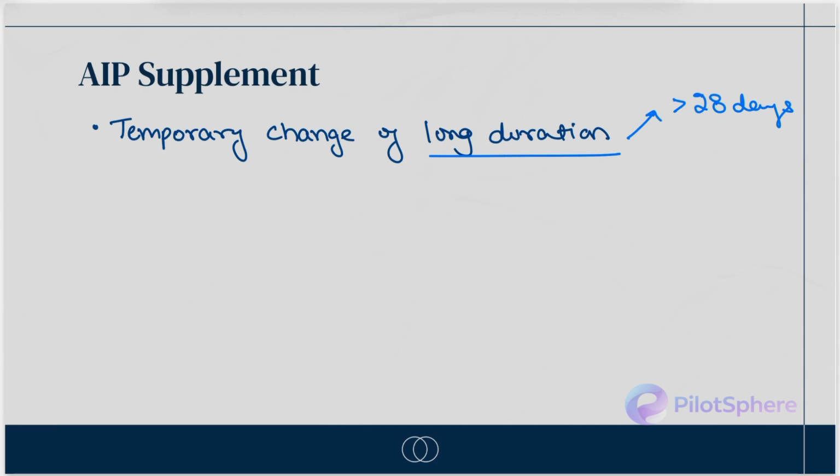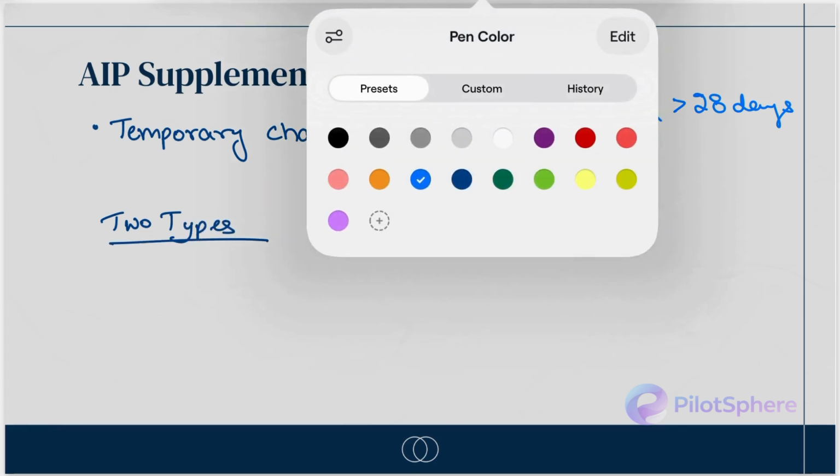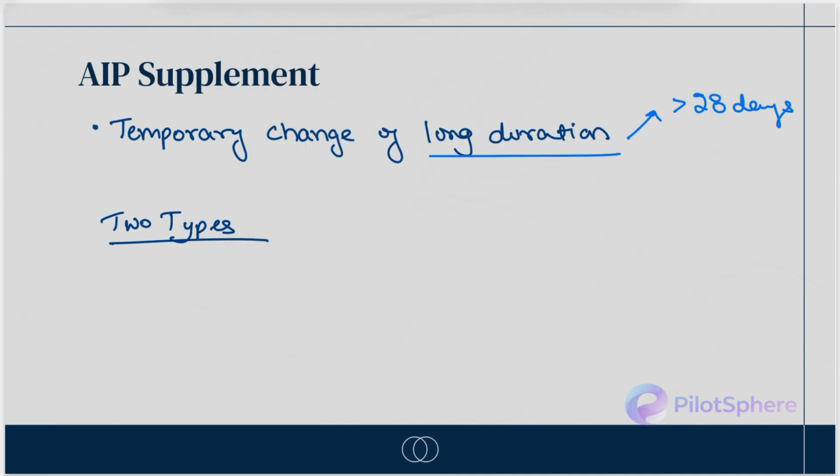So, there are two types of AIP supplements. The first type is the long term, which is valid more than 3 months.